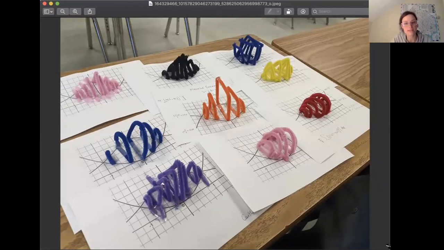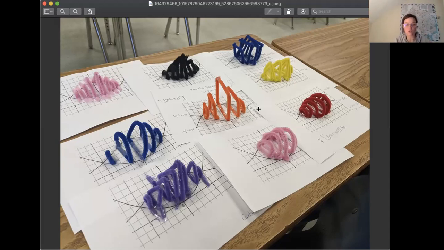So hopefully you can see a little bit clearer, using these lovely pipe cleaners, that the region on the bottom is the area between two curves. And then we have all different types of shapes that are cross sections to the area between the two curves. Like here we have triangles, over here we have semicircles, right here we have squares, but those could easily be rectangles if they were a little taller.